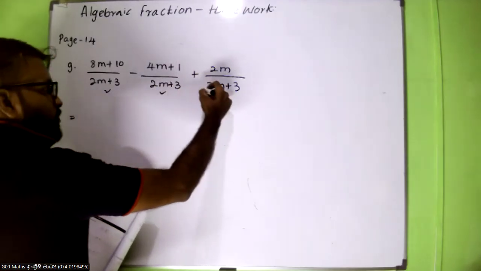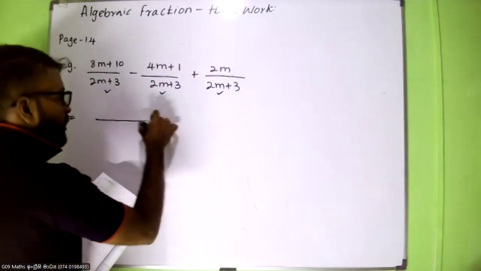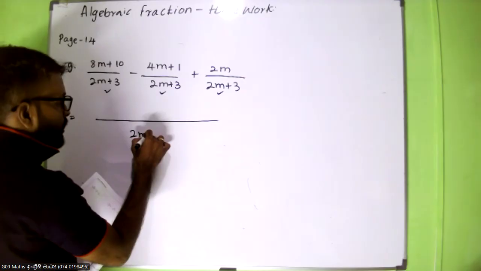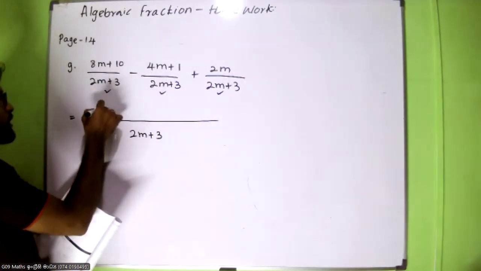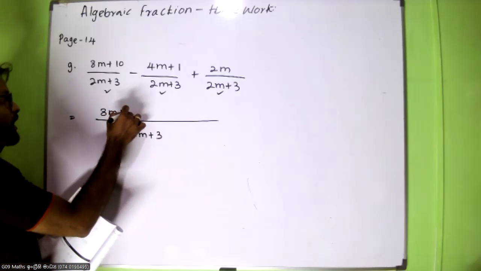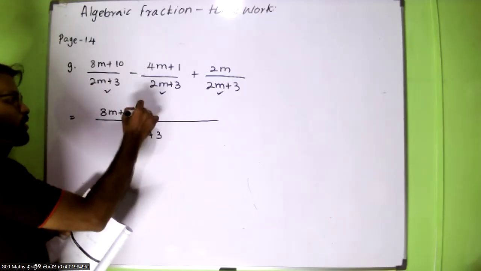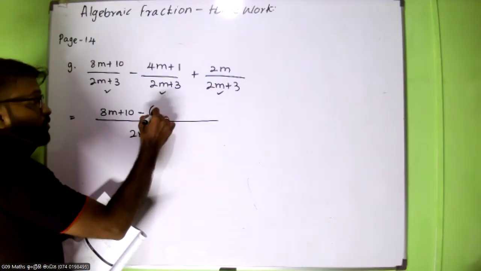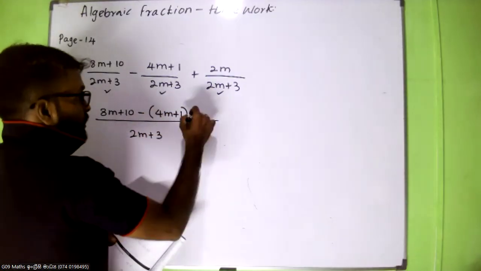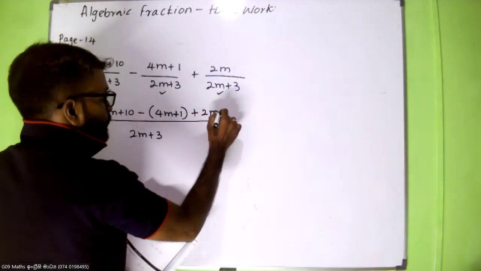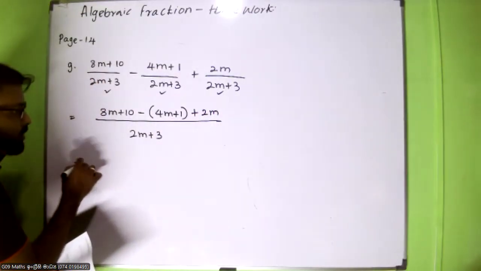My denominator is always the same. Here you have 8m plus 10. Here you have a negative sign, so you have to put this term inside the brackets. Plus 2m. Equal mark.